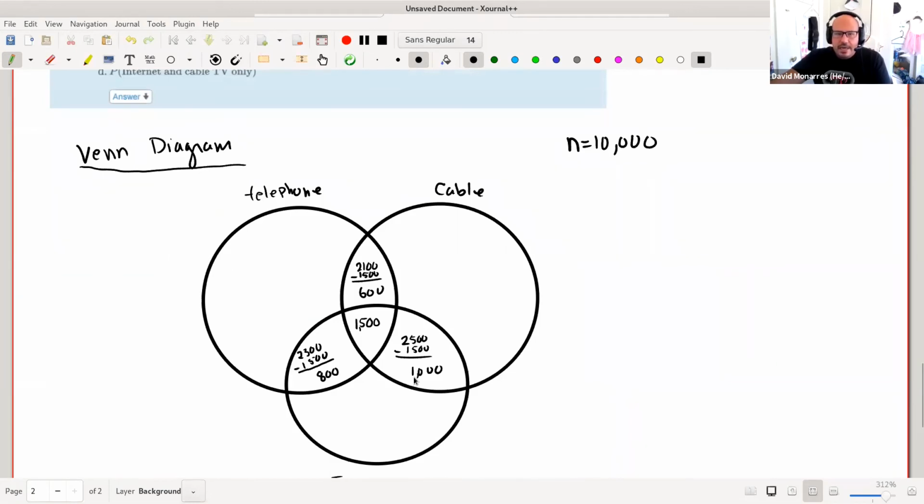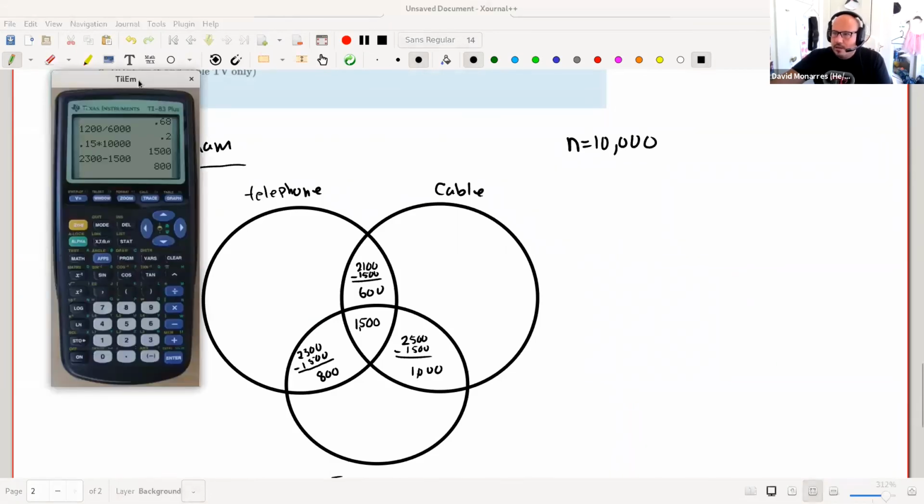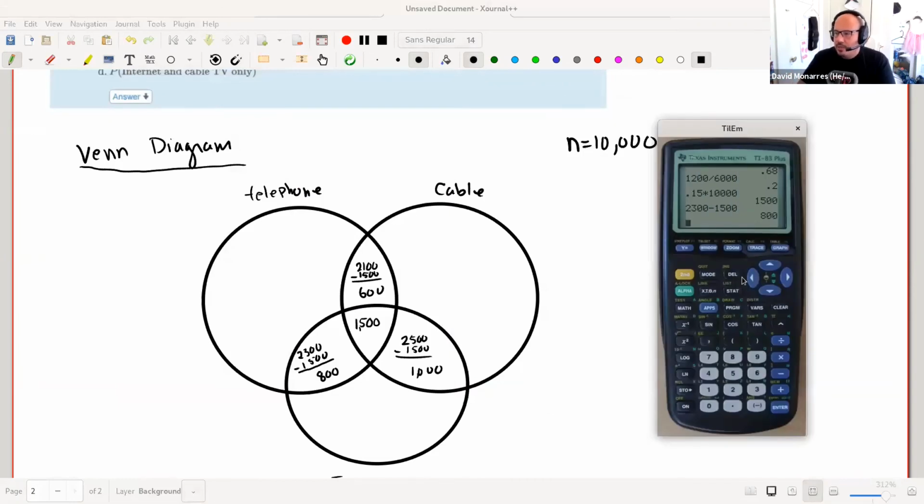I've already accounted for a lot of those 8,000 people. Namely, I've accounted for 1,000 plus 1,500 plus the 600. So I've already figured out 3,100 of the 8,000.